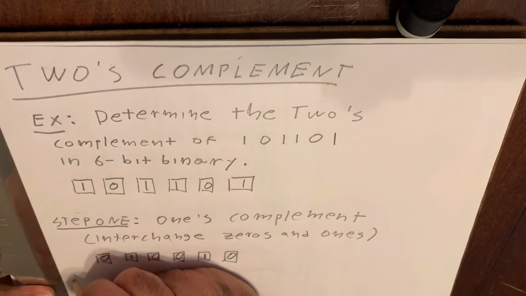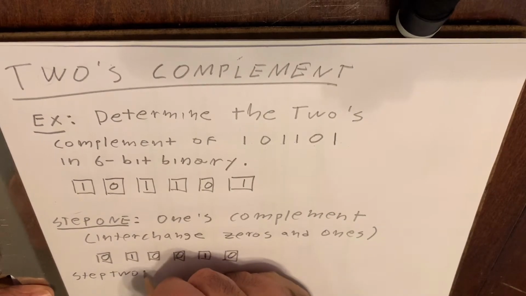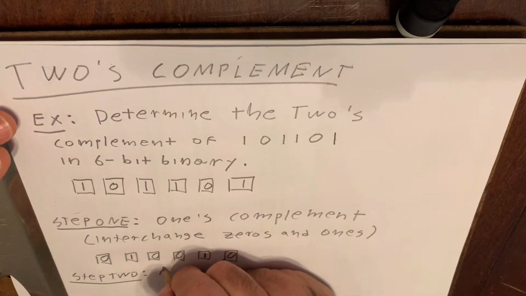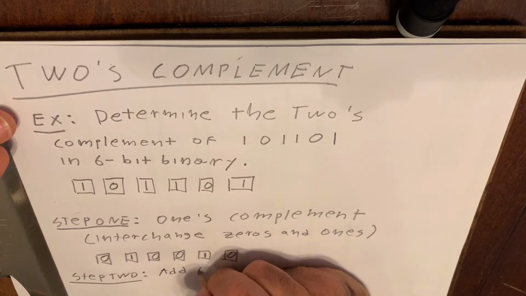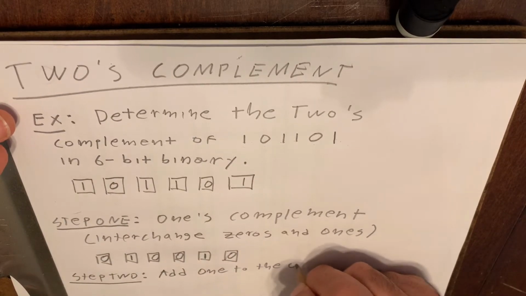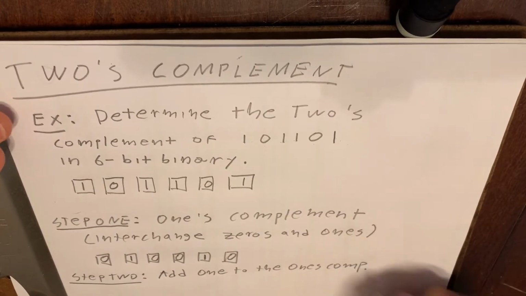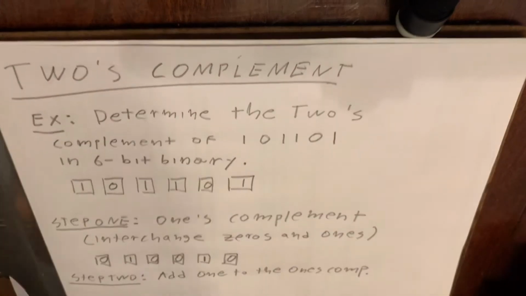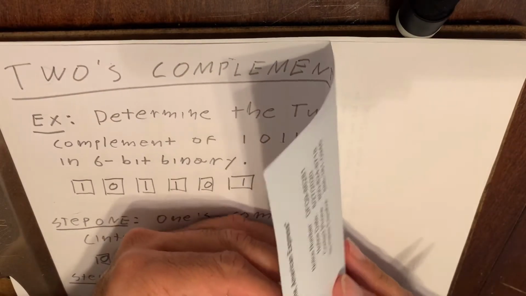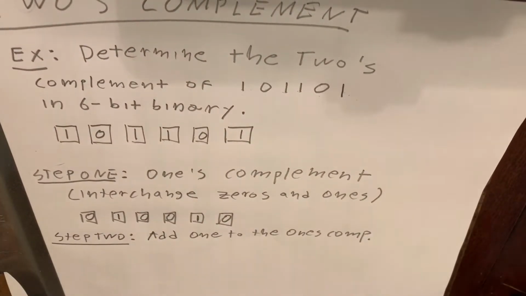But step 2, which is the last step in getting the 2's complement, is to add 1 to the 1's complement. So the way I teach this again is to emphasize that this is 6 bits.